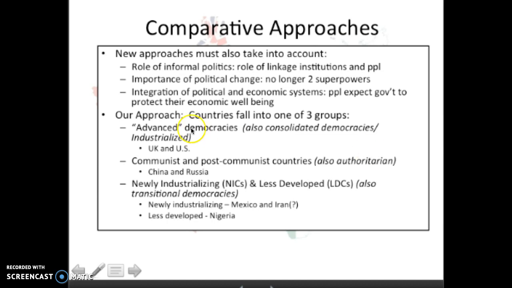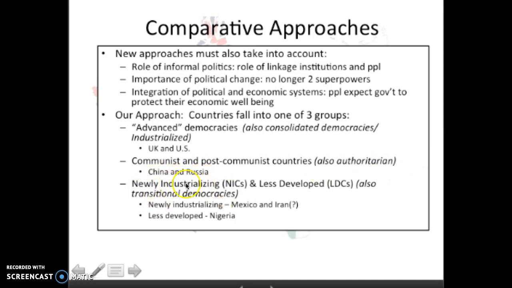Now, when we look at the different approaches to take into account, we will learn about advanced democracies, like the UK and the US. We'll look at communist and post-communist countries, which happen to be authoritarian, like China and Russia.